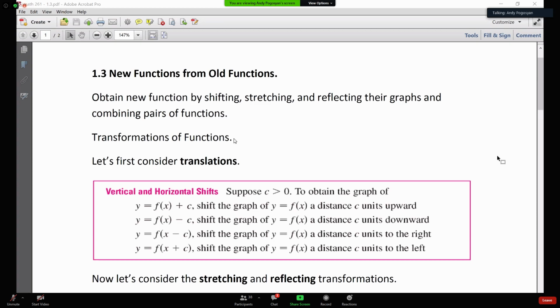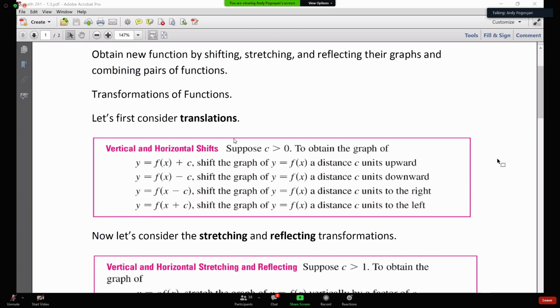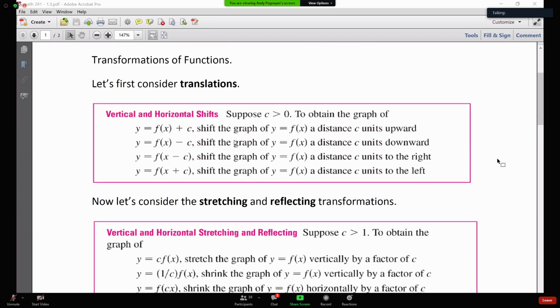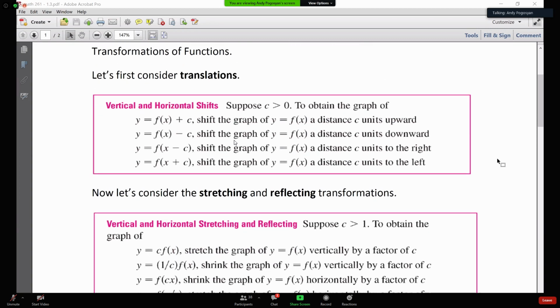Vertical and horizontal shifts. So c is positive number. So to obtain the graph of y equals f of x plus c, shift the graph of y equals f of x, c units upward.